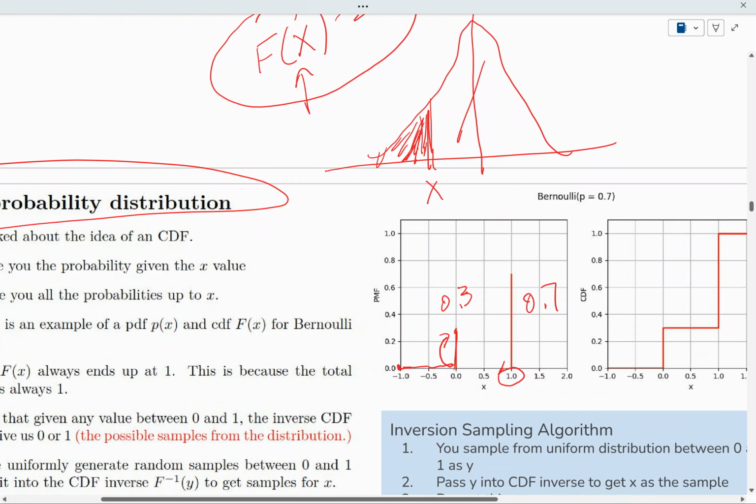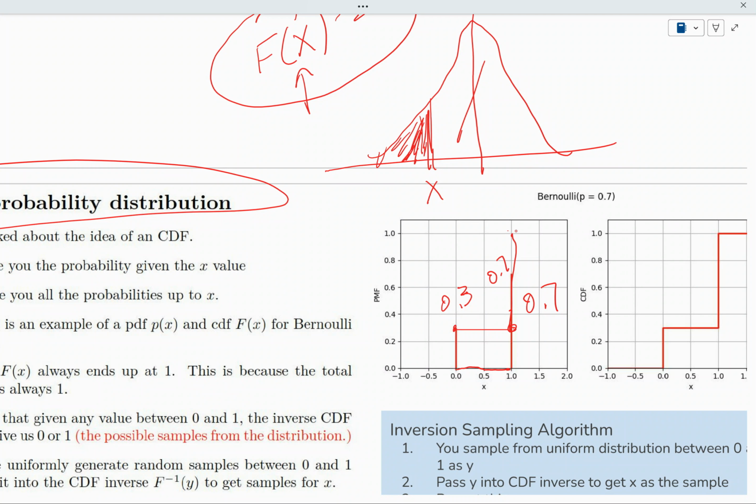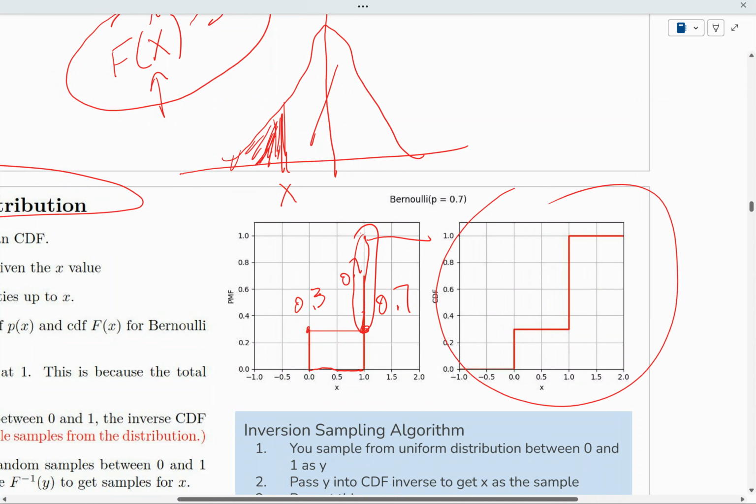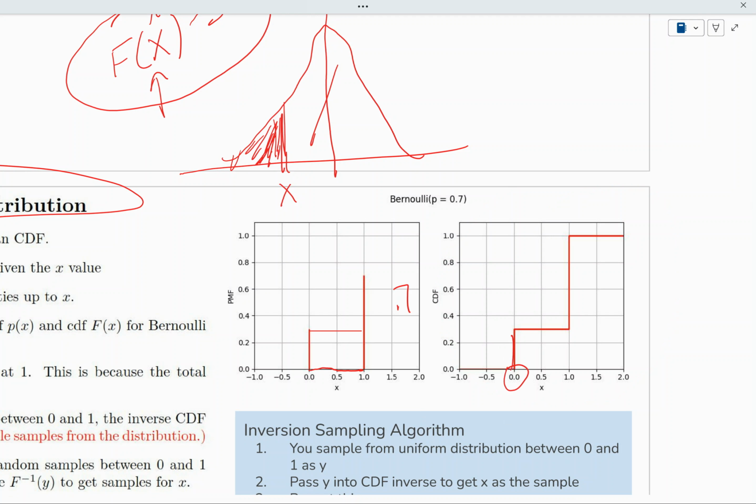After that, it keeps adding 0, 0, 0, until at this point it jumps up again because it adds 0.7. So the CDF of a Bernoulli distribution looks something like this. You notice how at 0, it jumps up by 0.3, and then it keeps adding 0 until it reaches 1. Then it jumps up by 0.7, and then it stays at 1.